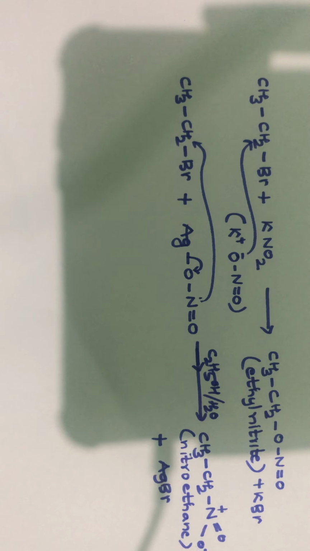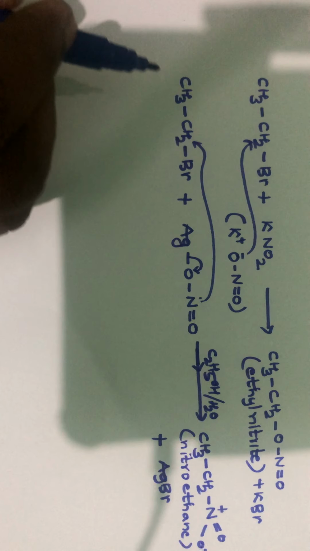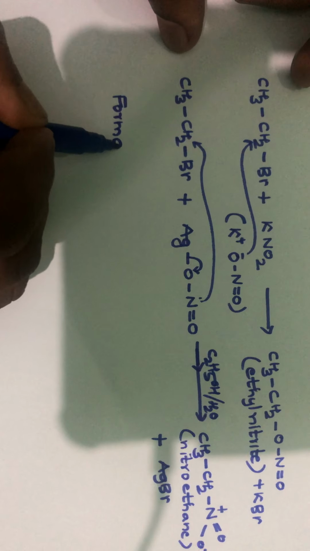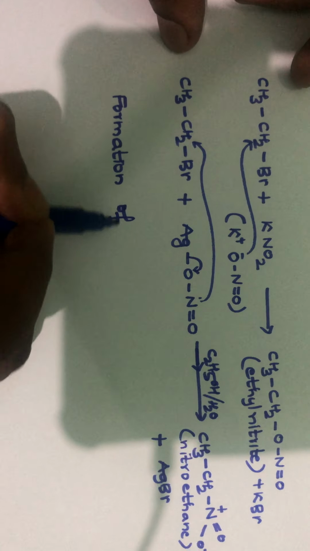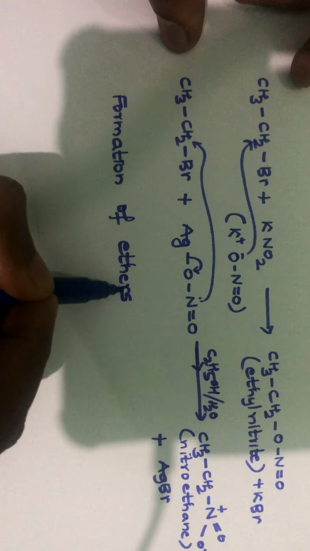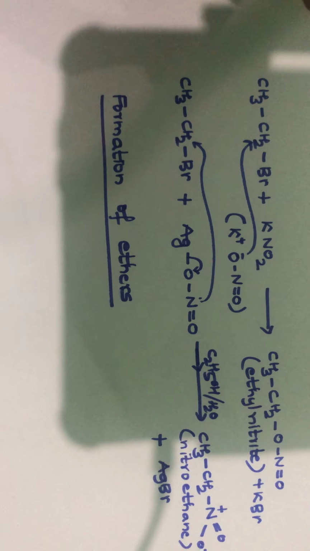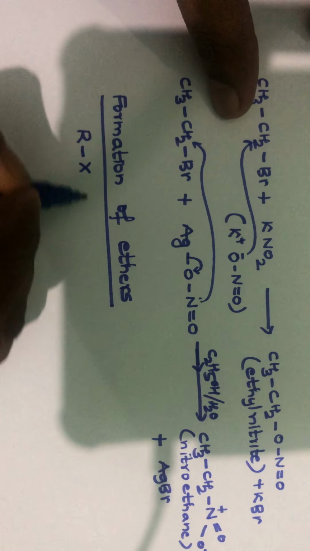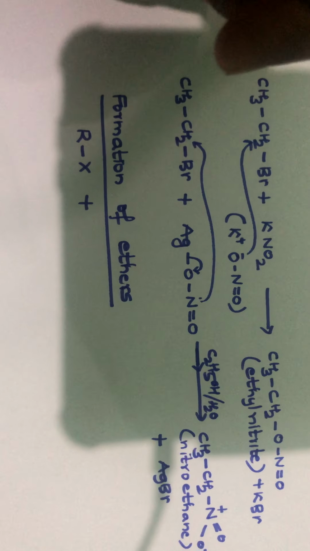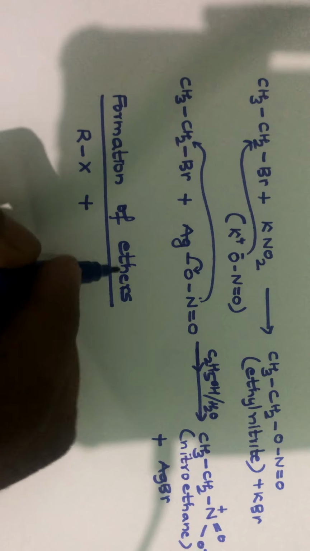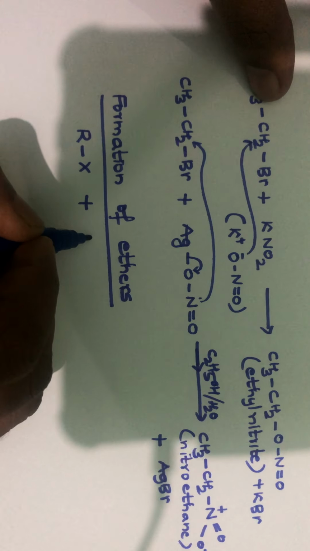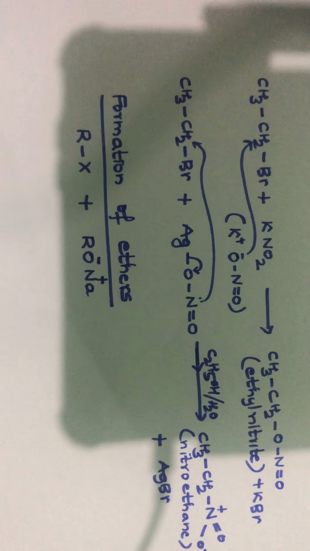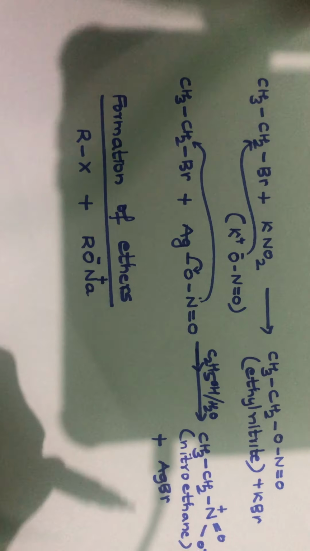we come across replacement by an alkoxy group that results in the formation of ethers. Whenever an alkyl halide is treated with sodium alkoxide, sodium alkoxide is nothing but RONa, RO minus Na plus, alkyl group and oxygen, alkoxide.